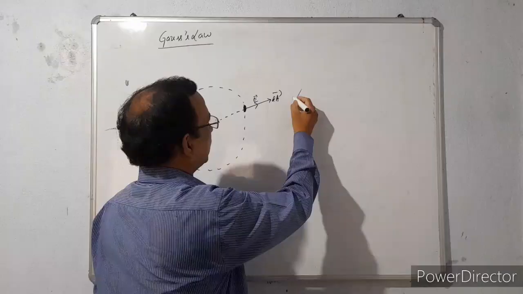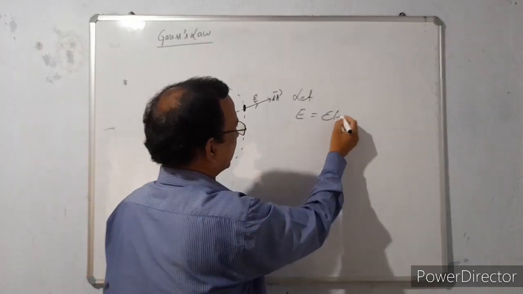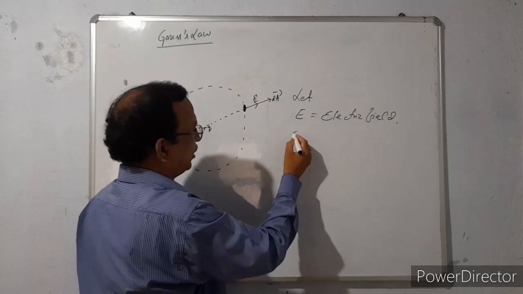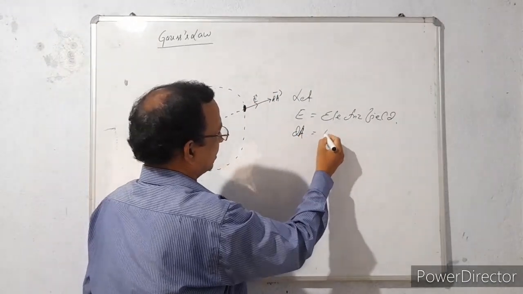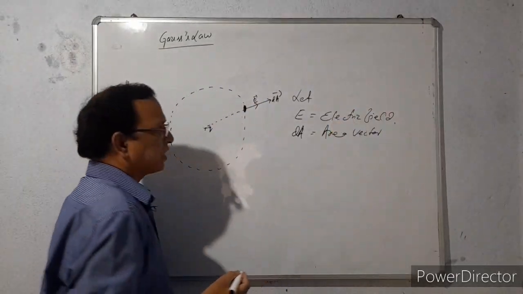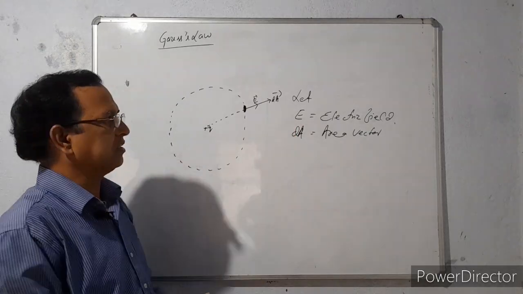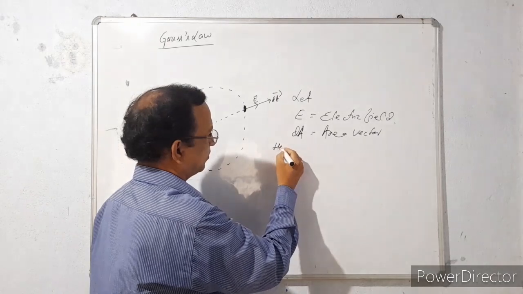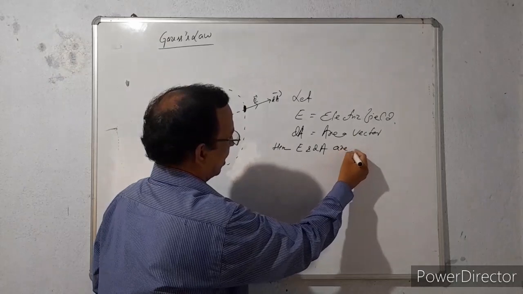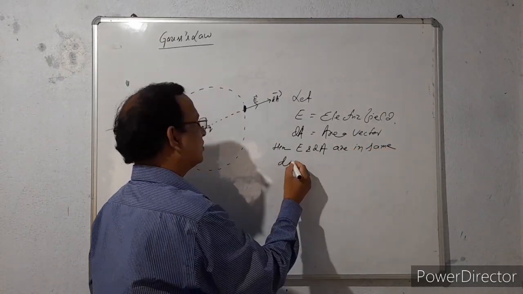Clear? So let E be the electric field and dA the area vector. Here E and dA are in the same direction.